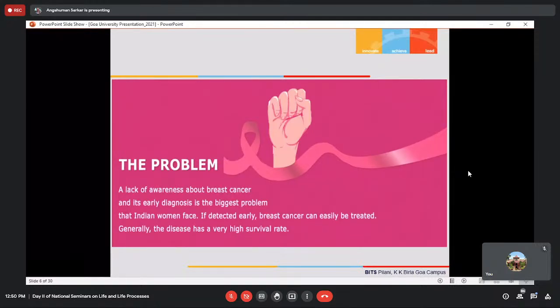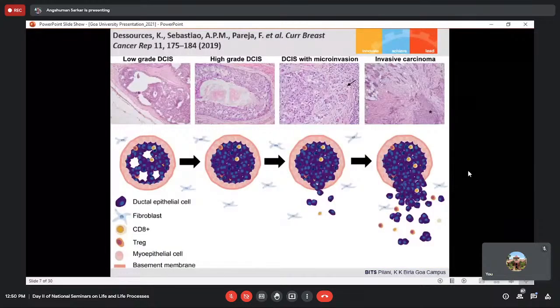And generally, the disease has a very high survival rate, which is good news. So if we all combine together to fight against this particular cancer, we can save an enormous number of lives in the world. This has been taken from one report that recently came out in Current Breast Cancer Reports.